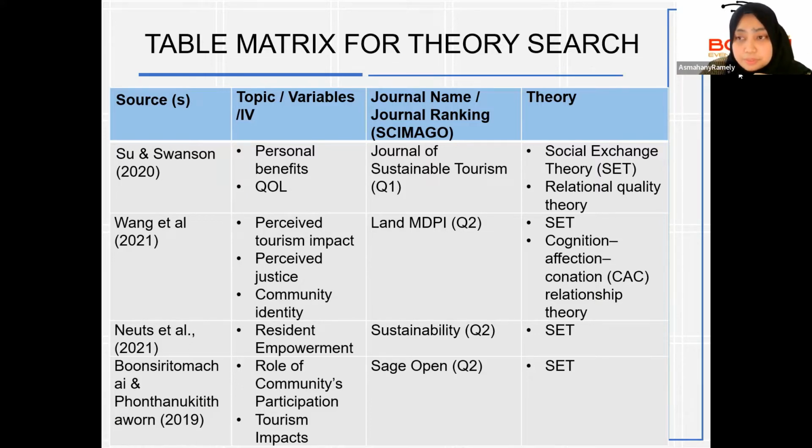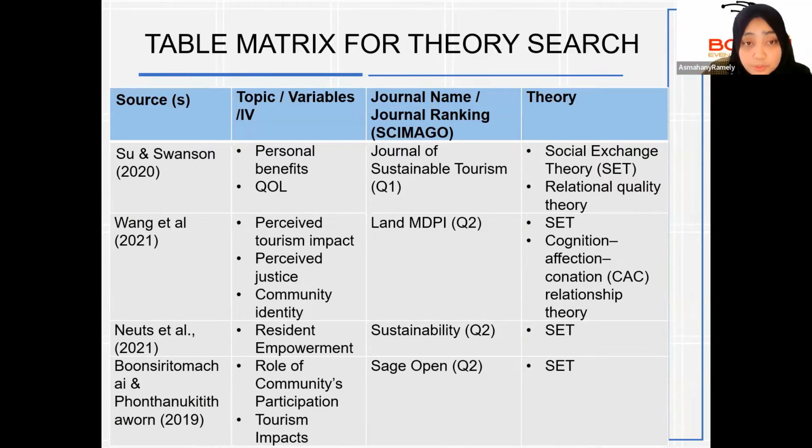For example, let's say the first article, Su and Swanson, 2022, topic and variable. Let's say our issue is the formation of resident support. So the articles I use for this table matrix definitely focus on the formation of resident support.